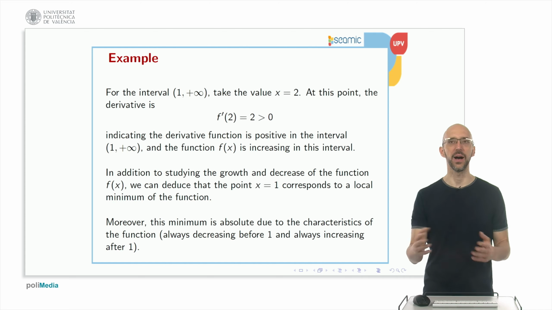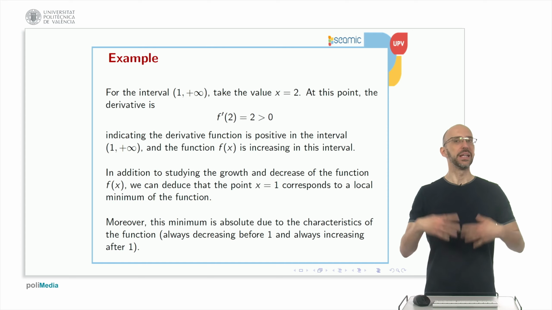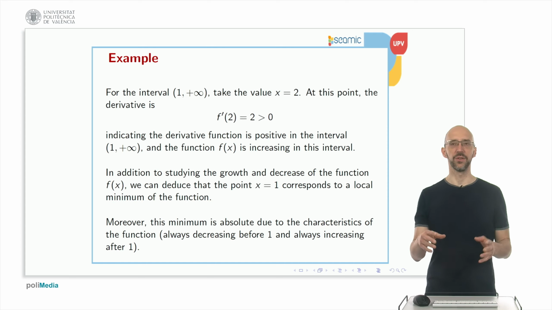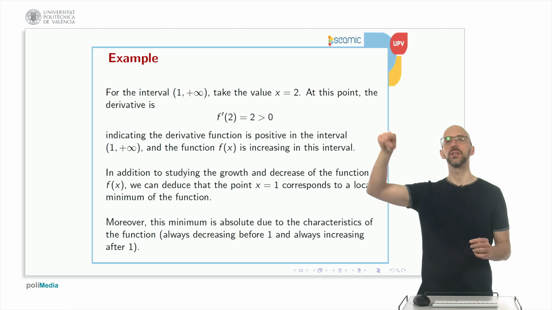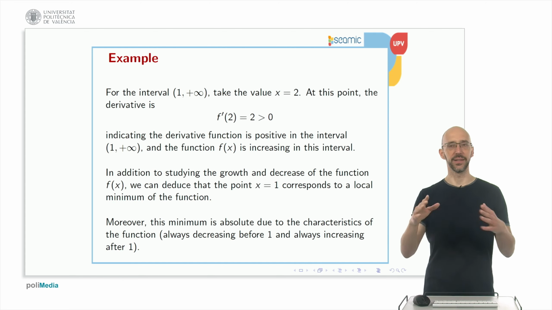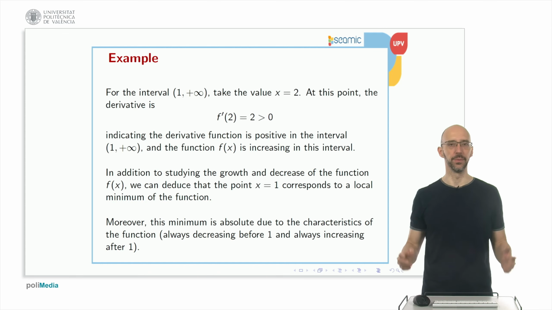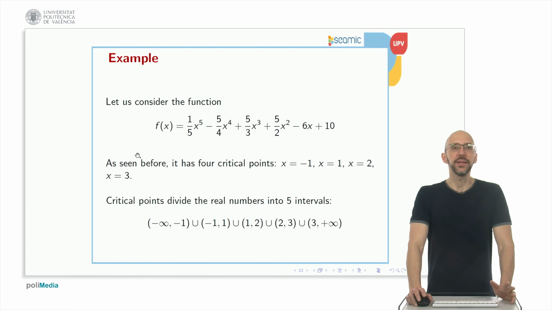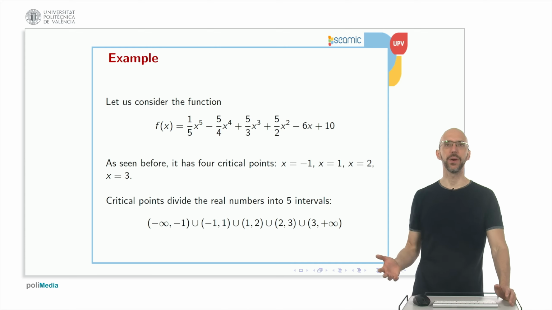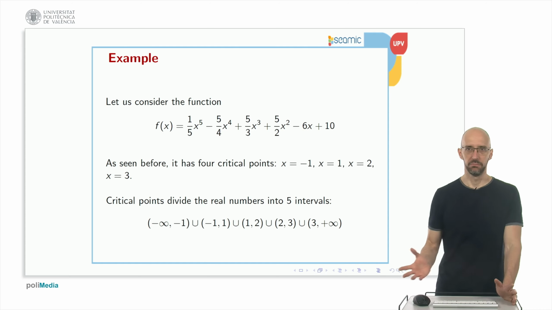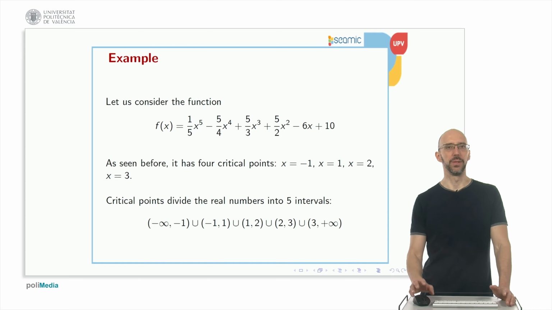That means that it's a local minimum. It's also a global minimum because the function is decreasing all the time, then increasing all the time, and it doesn't change signs in any other place, so it's going to be the absolute minimum. So it's not complicated. The first time it takes time, but if you practice these ideas, I promise you it's not going to be any problem.